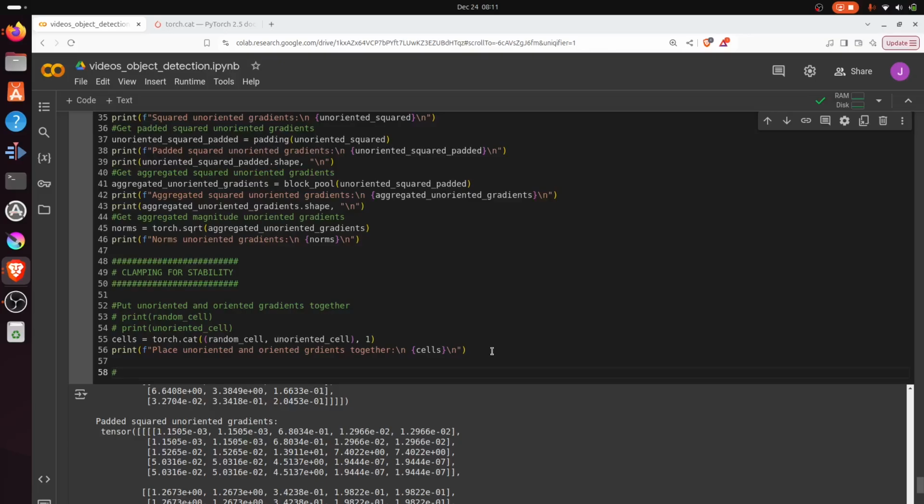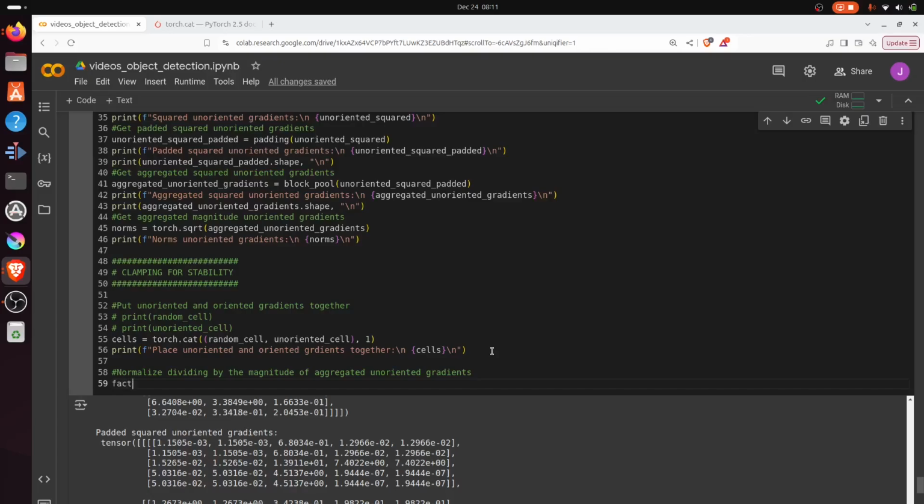So we are going to normalize by dividing by the magnitude of the aggregated unoriented gradients.